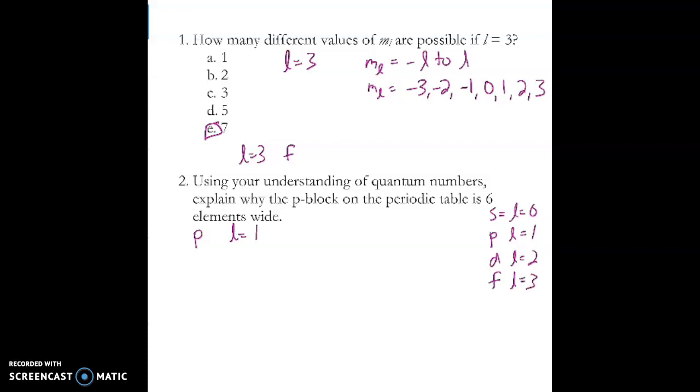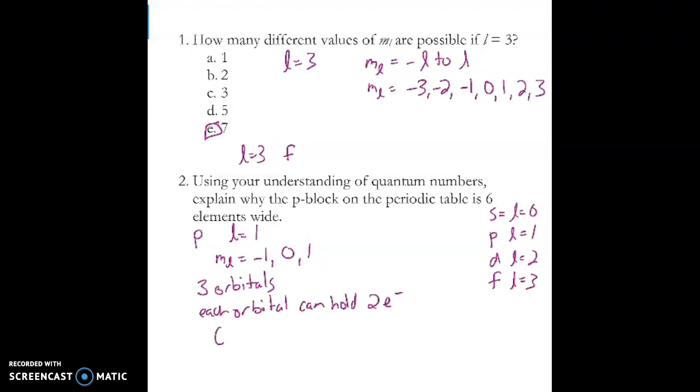So if l equals 1, that means that m sub l is equal to -1, 0, and 1. So we have 3 orbitals. And we know that each orbital can hold 2 electrons.